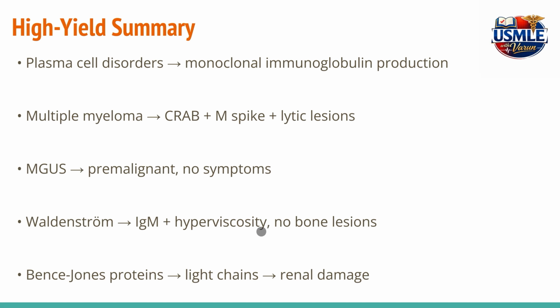The characteristic feature we need to remember is that there's no involvement of any kinds of lytic bone lesions. And finally, Bence-Jones proteins are light chains that cause renal damage. Whenever these Bence-Jones proteins combine with Tamm-Horsfall proteins, they form casts, and these casts lead to tubular obstruction, and this finally leads to inflammation, and this eventually presents as renal failure.